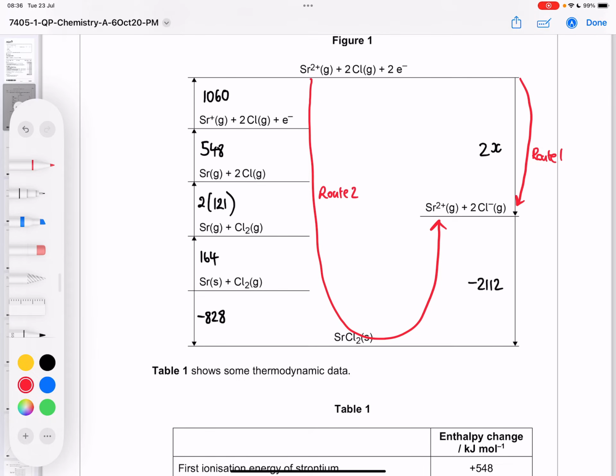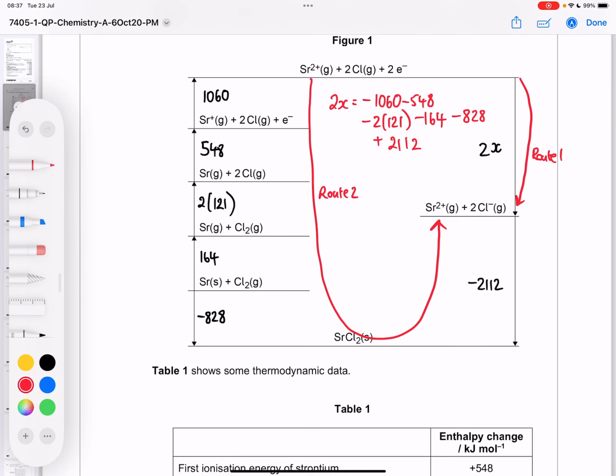So route 2 equals route 1, so that would be 2x equals, and I'm going down this first arrow, down this second arrow, down the next arrow, down the next arrow. The next arrow is already down, but you can see that because it's all these downs, they're all negative numbers, and then I'm going up the last arrow, so that one becomes a positive number. And that could give me 2x, and I could use that to find x.